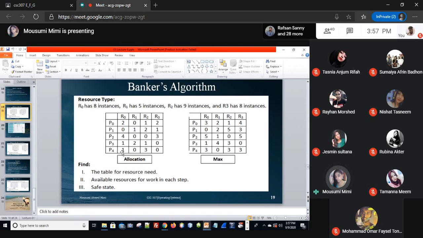After process 4, I take 1 element from resource 0 and 1 element from resource 2. After that, again I go back to my process 0. Now only 1 element is remaining from resource 0 and only 1 element is remaining from resource 3.